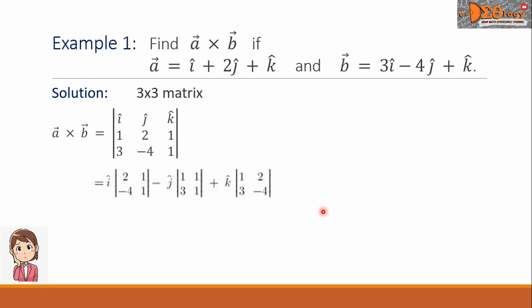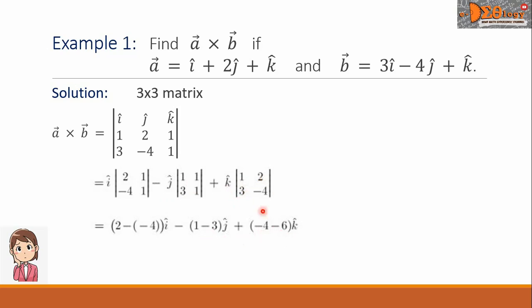Then let us evaluate the respective determinants. So we have 2 times 1 is 2 minus negative 4 times 1 is negative 4. Then we copy the element i. Minus 1 times 1 is 1 minus 3 times 1 is 3. Then we copy the element j. Plus 1 times negative 4 is negative 4 minus 3 times 2 is 6.